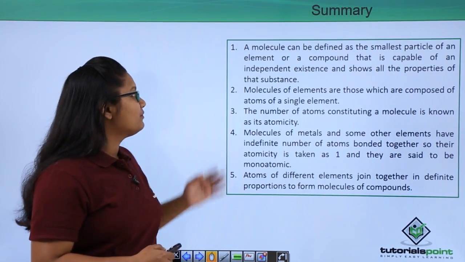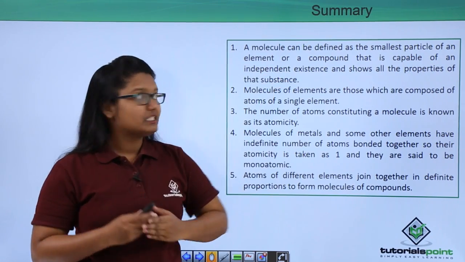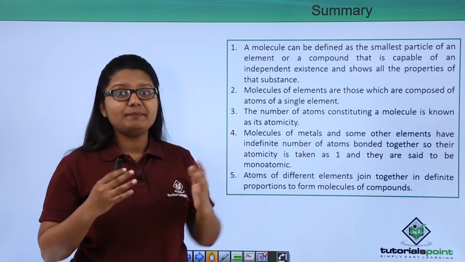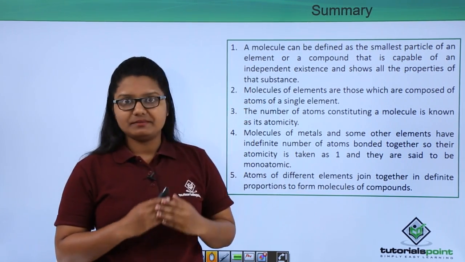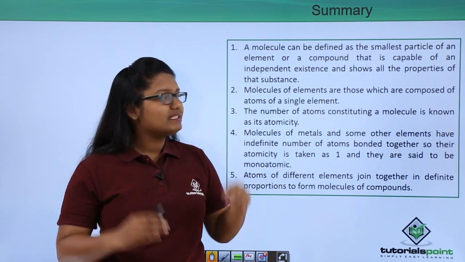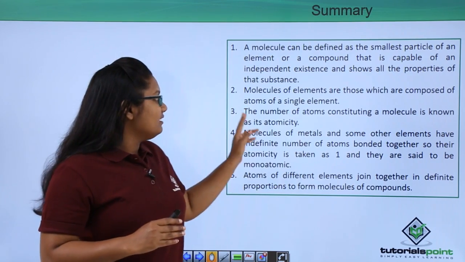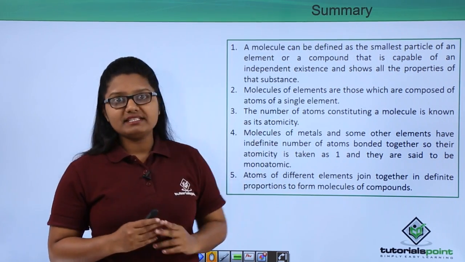So, let us summarize what we have learned. A molecule can be defined as the smallest particle of an element or a compound that is capable of an independent existence and shows all the properties of that particular substance. The molecules of elements are those which are composed of atoms of a single element. And the number of atoms constituting a molecule is called its atomicity.